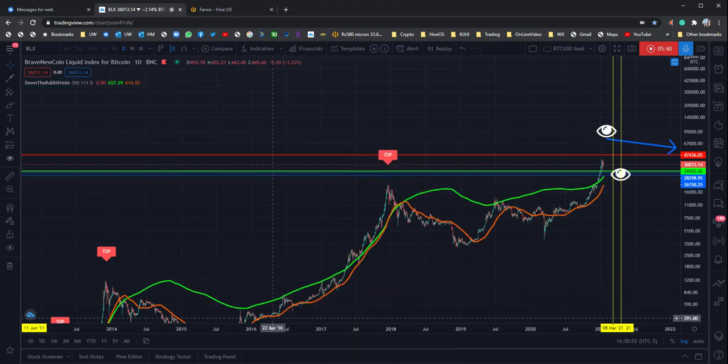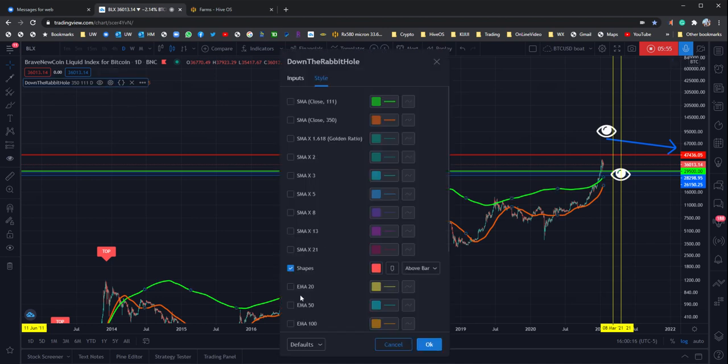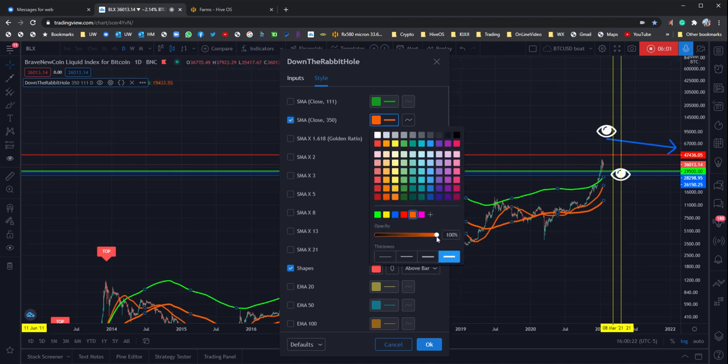So just to recap, the orange line is not the 350-day average. It is the 350-day average price times 2. So it's twice as high as it should be. And if we show what the 350-day looks like, I'll change that to pink.